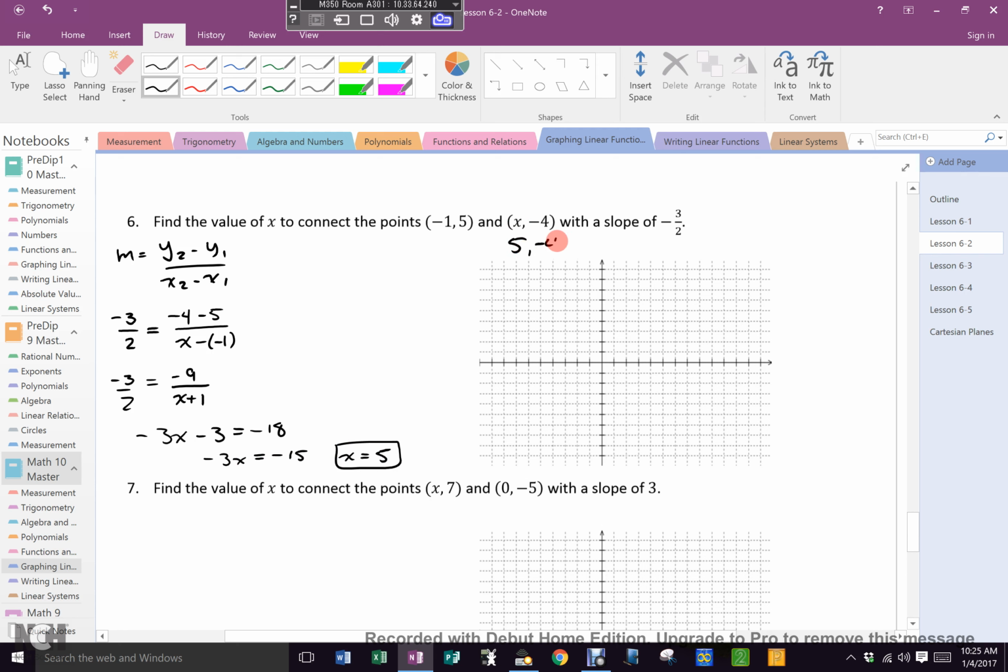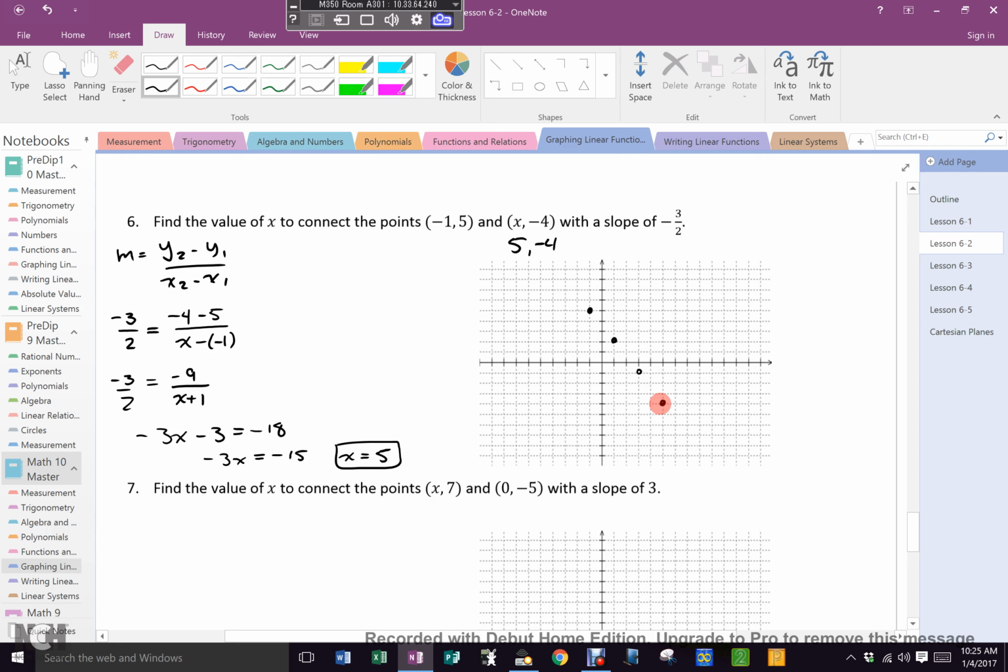5. Now let's use our graph to check it. Negative 1, 1, 2, 3, 4, 5. There's my first point, correct? Down 1, 2, 3 over 1, 2.